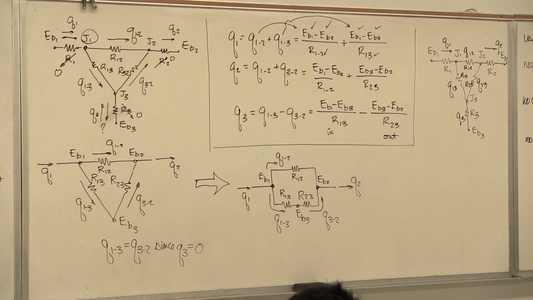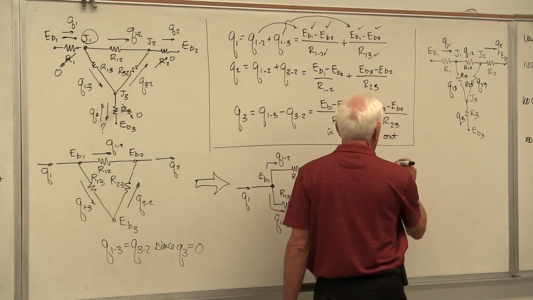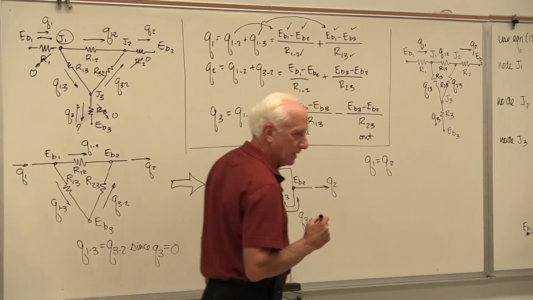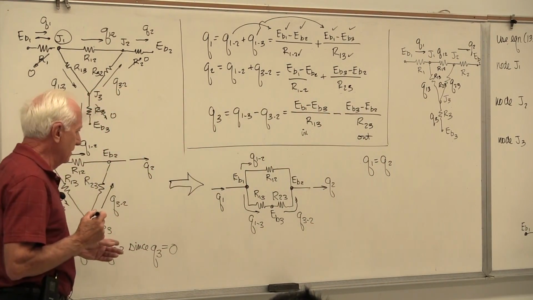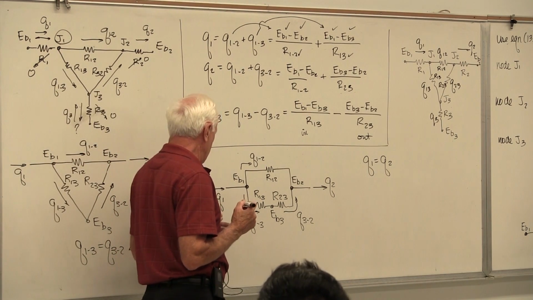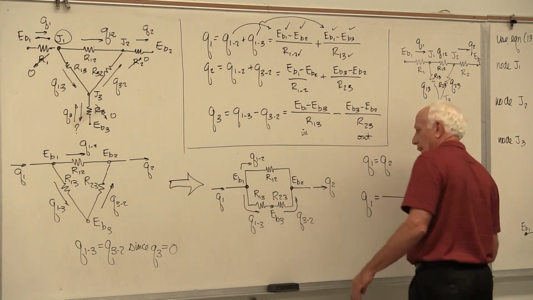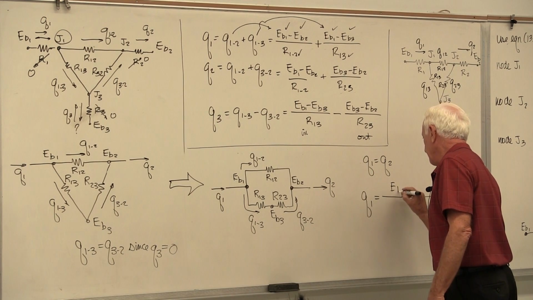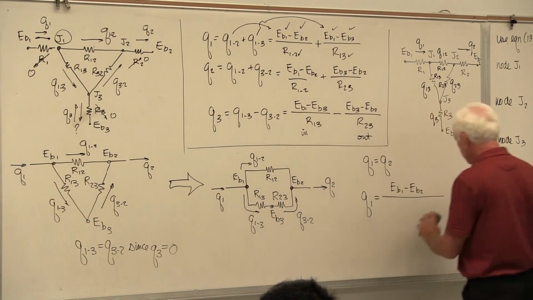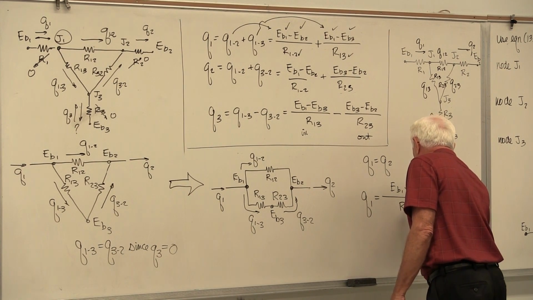It's a parallel circuit. I can tell right away that Q1 equals Q2. What comes in must go out, because it can't get out 3, it's adiabatic. Okay, parallel circuit, you want to find Q1? Q1 equals EB1, the big value, minus EB2, the low value, divided by R equivalent.